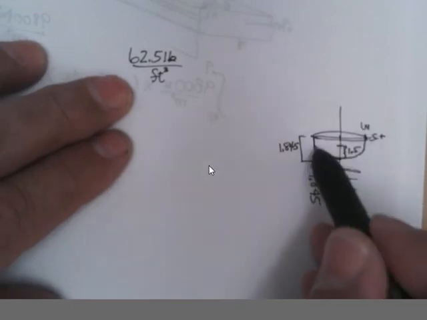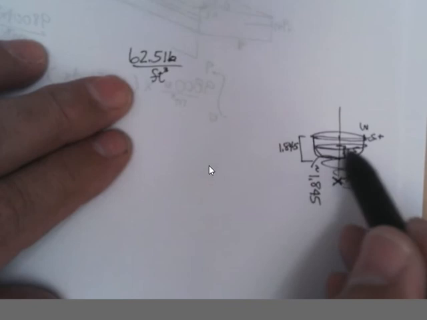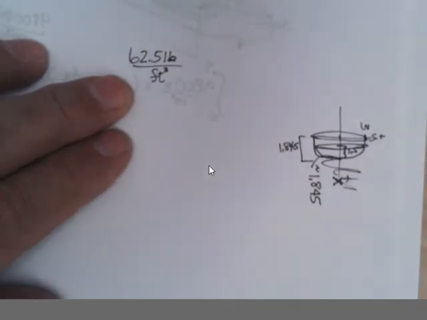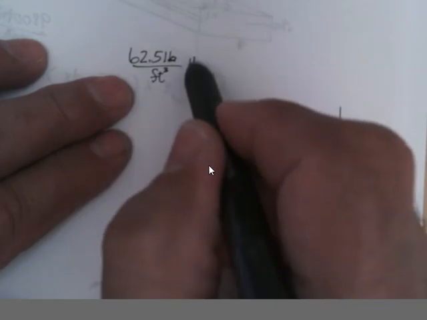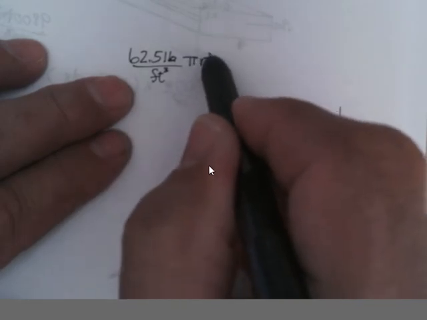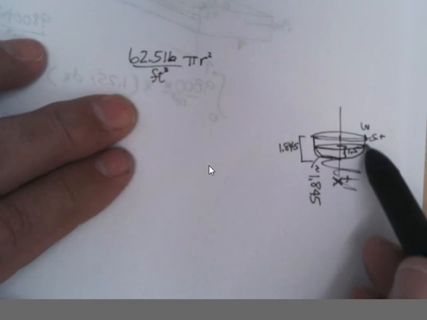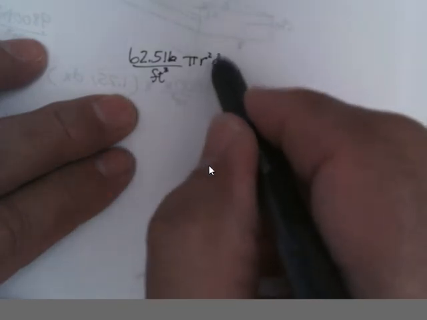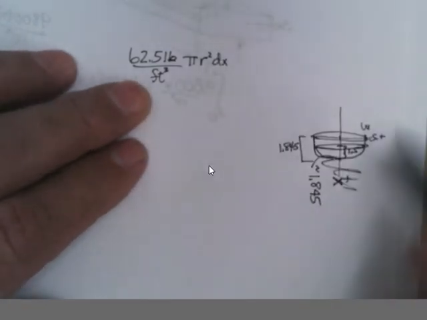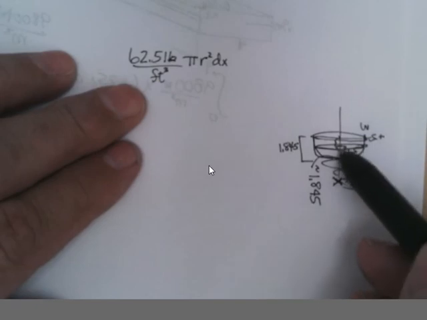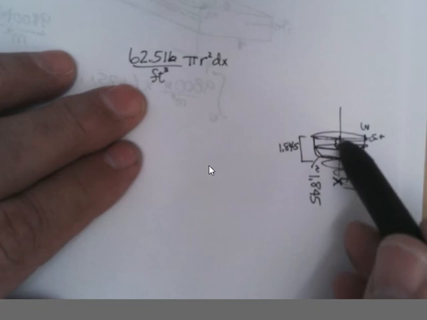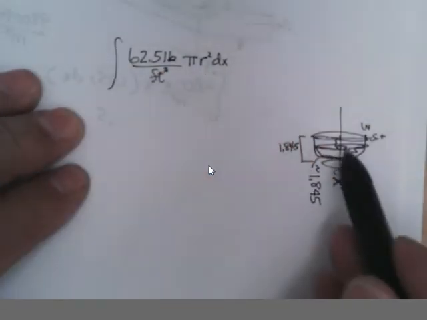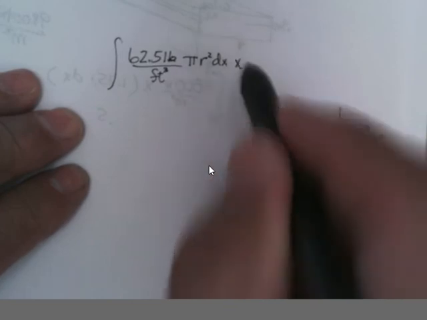So if we take a slice off of this, the volume of the slice is going to be pi r squared times the thickness of it, which will be in the x direction, so dx, and we're going to lift it from the slice to the top, which has x right there, so it's lifted a distance of x.